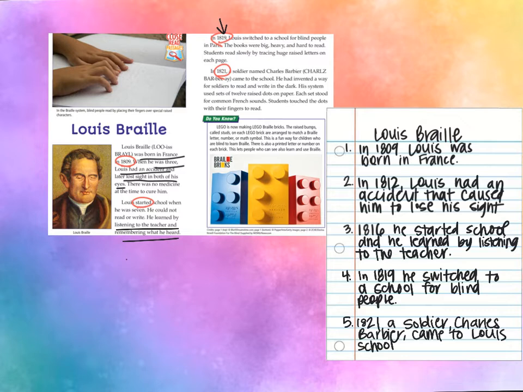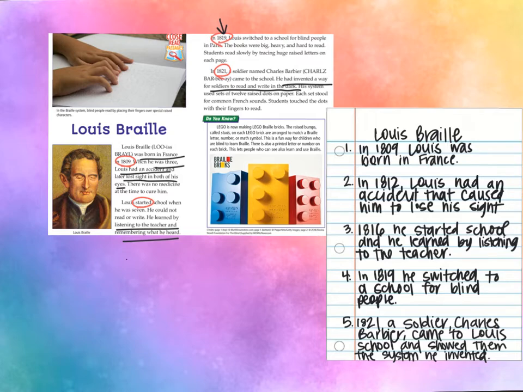And it sounds like it says he had invented a way for soldiers to read and write in the dark. His system used sets of 12 raised dots. And so he showed them the system he invented.